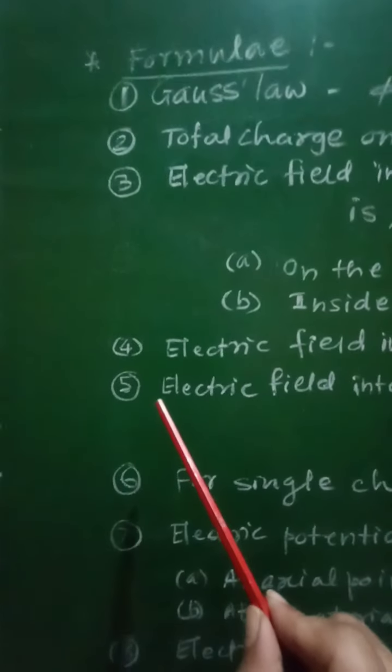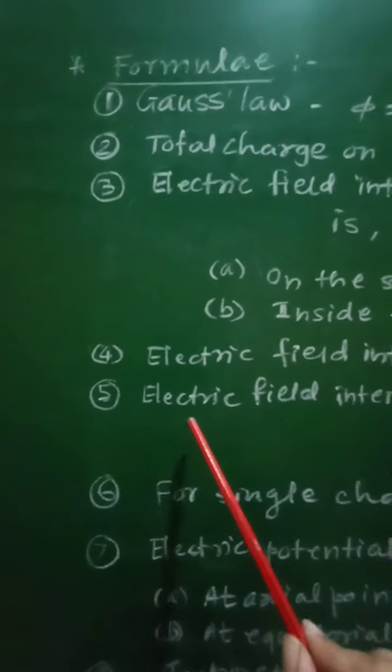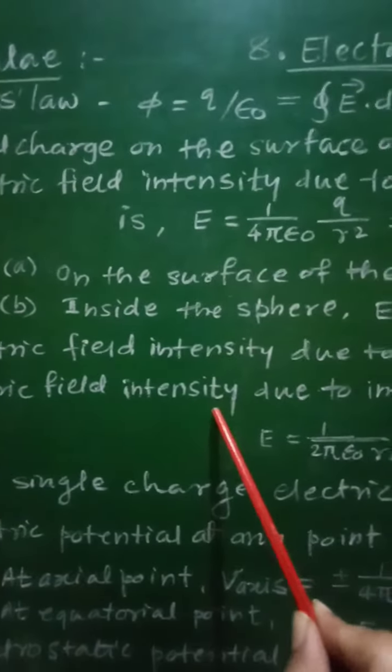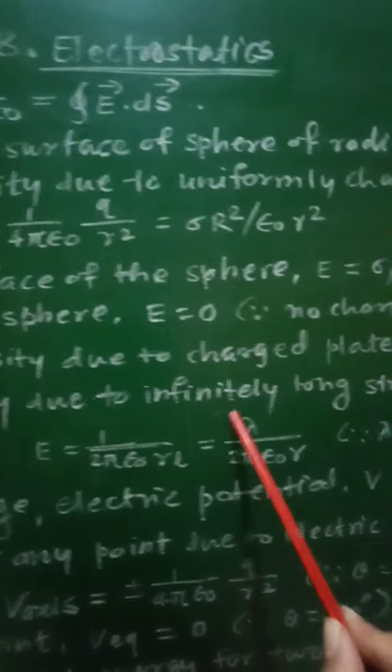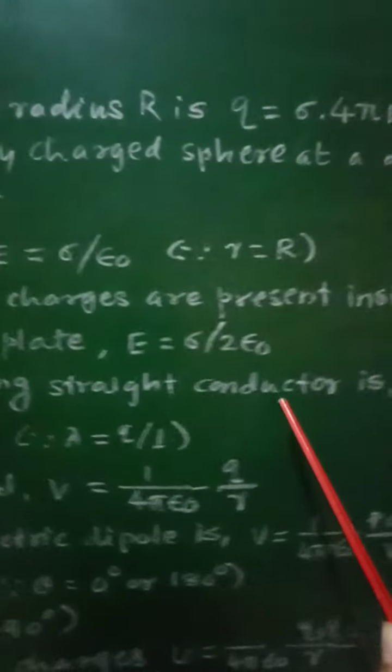Then fifth formula gives electric field intensity due to infinitely long straight conductor.